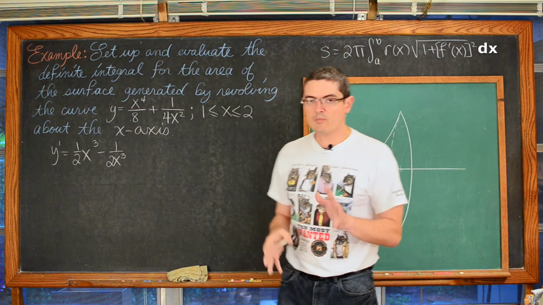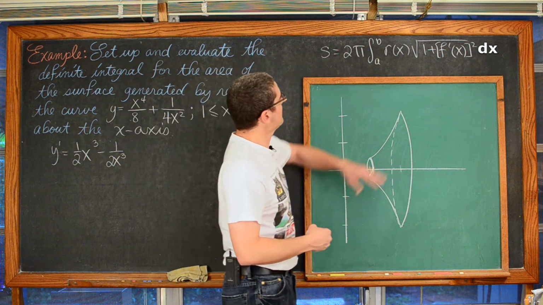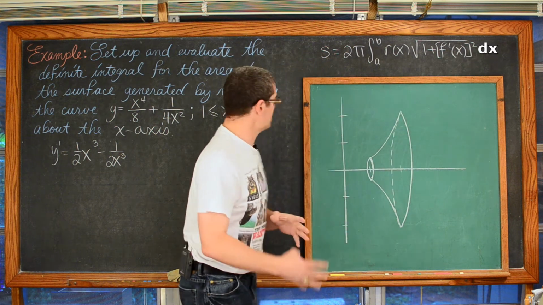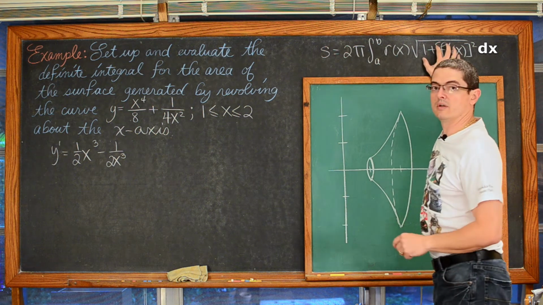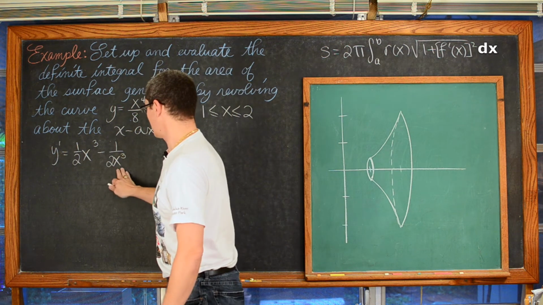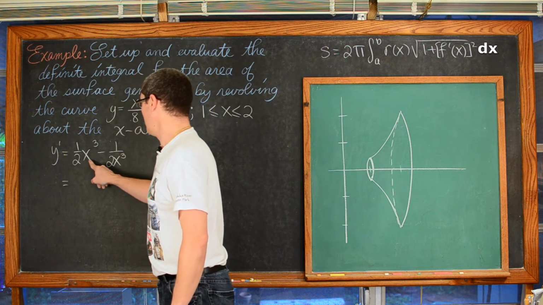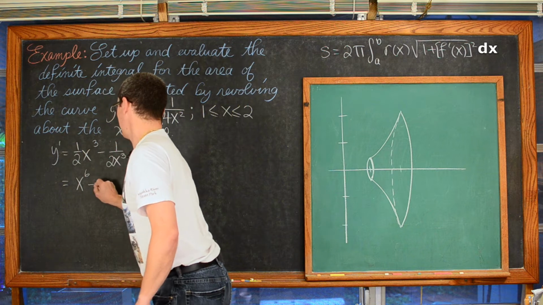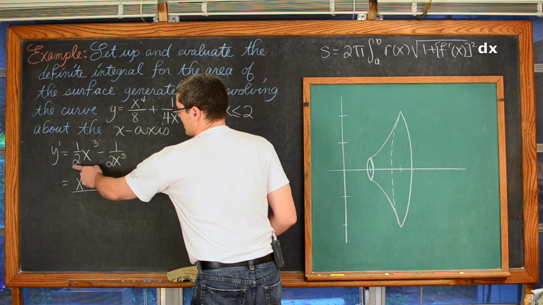Okay, now remembering, like when we found the arc length of a smooth curve, we have to figure out this 1 plus f prime of x squared. So I'm going to take my derivative and work it on the side into an expression that I can plug right into the square root. Let's find common denominators. We already have common denominators of 2, so y prime is equal to x to the 6th minus 1 over 2x cubed.